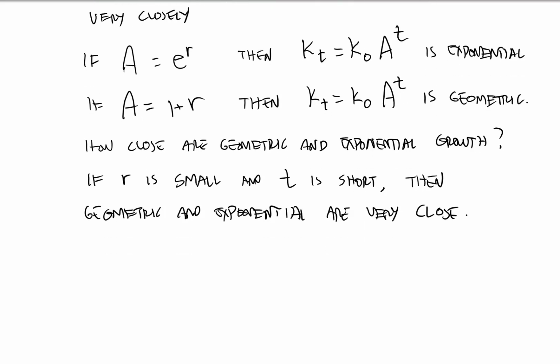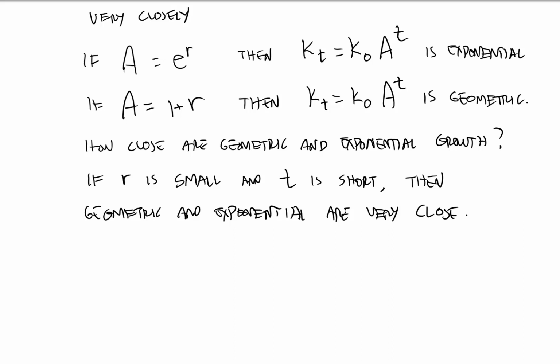If r is not small, for some species the growth rate r can be quite high, or if t is very long, then they tend to diverge. At Berkeley, we go through a series of calculations and examples to determine how small r can be and how short or how long t can be before they tend to diverge.